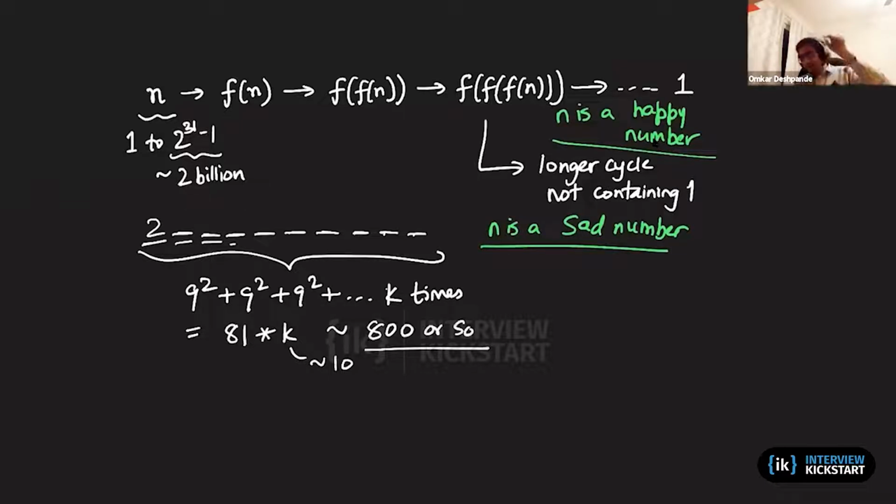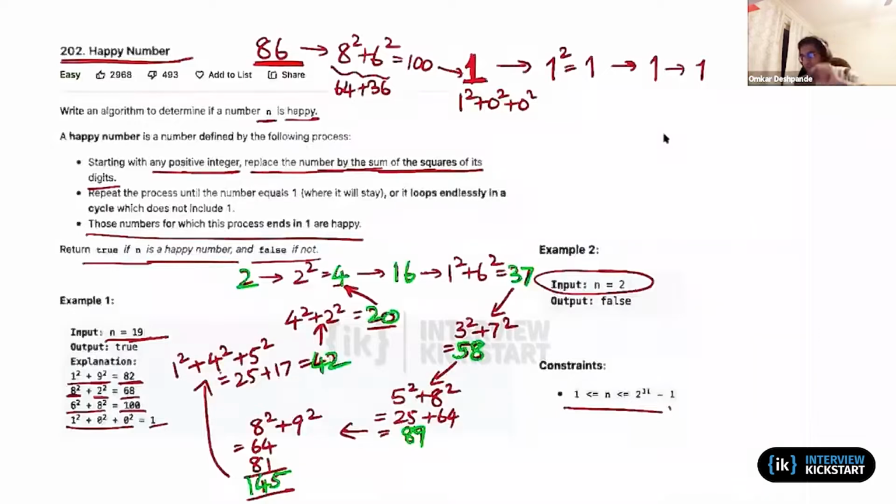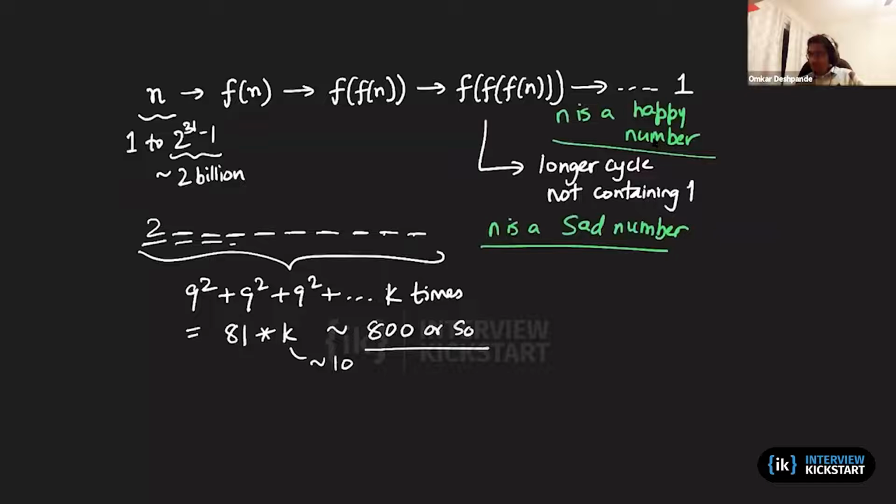It's not necessary, by the way, that the first number you start out with is going to be part of the cycle. If you note here, 2 was not part of the final cycle we ended up in. 4 was the first number in the cycle, and then we keep oscillating around that. But we know that this chain can't be more than 800 long before we end up at a cycle. So it's going to be around 800 long or maybe 1600 long.